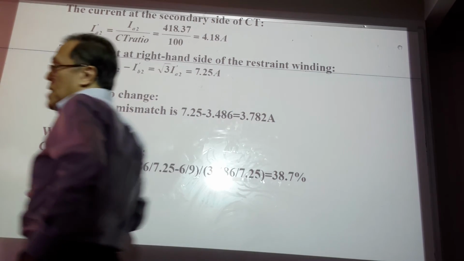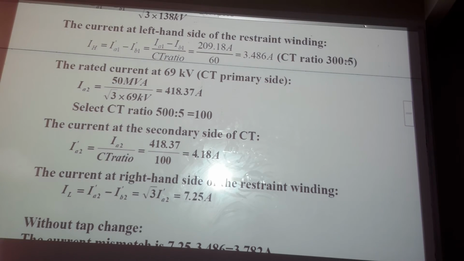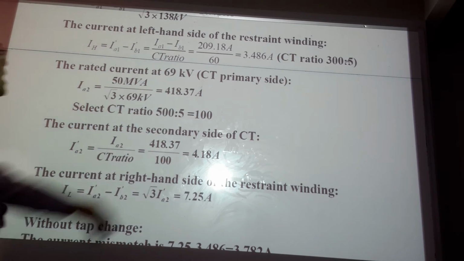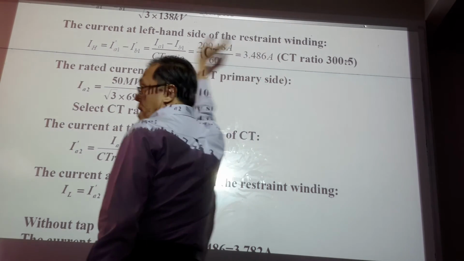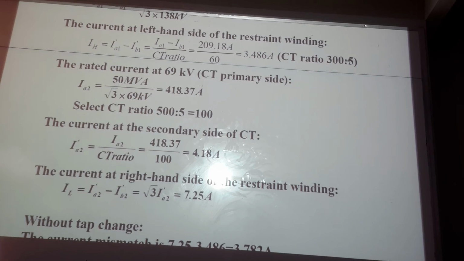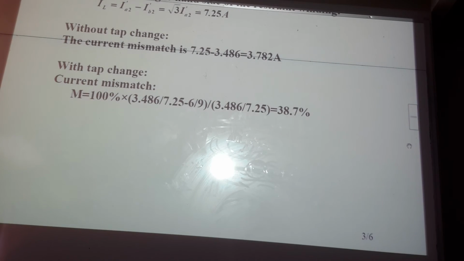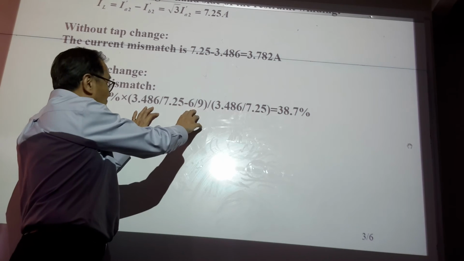So IH is something that we computed, 3.486. This is your IH, 3.486. That means 138 kV side, after going through the secondary side, so we get this value. 3.486 is IA1 prime minus IB1 prime. 3.1. So you go and compute, you see this is 0.67.